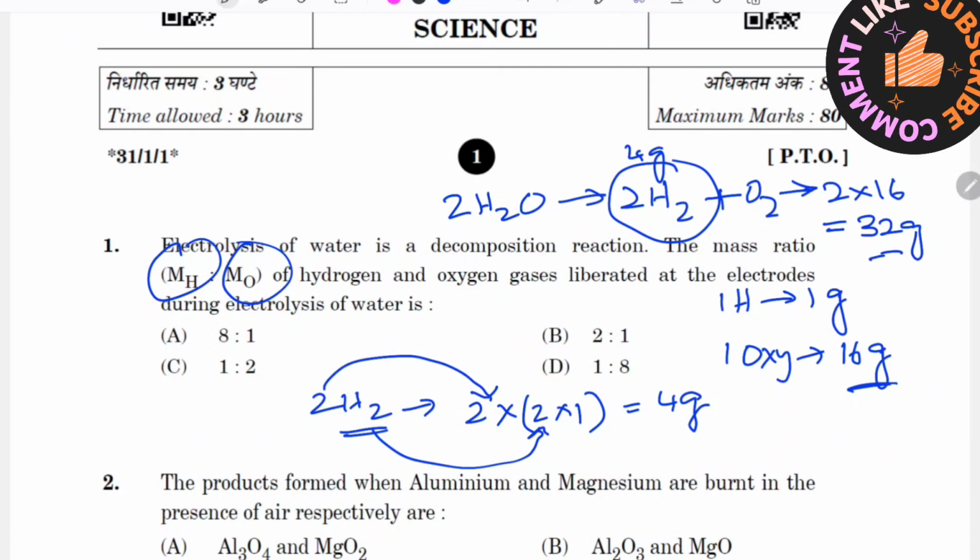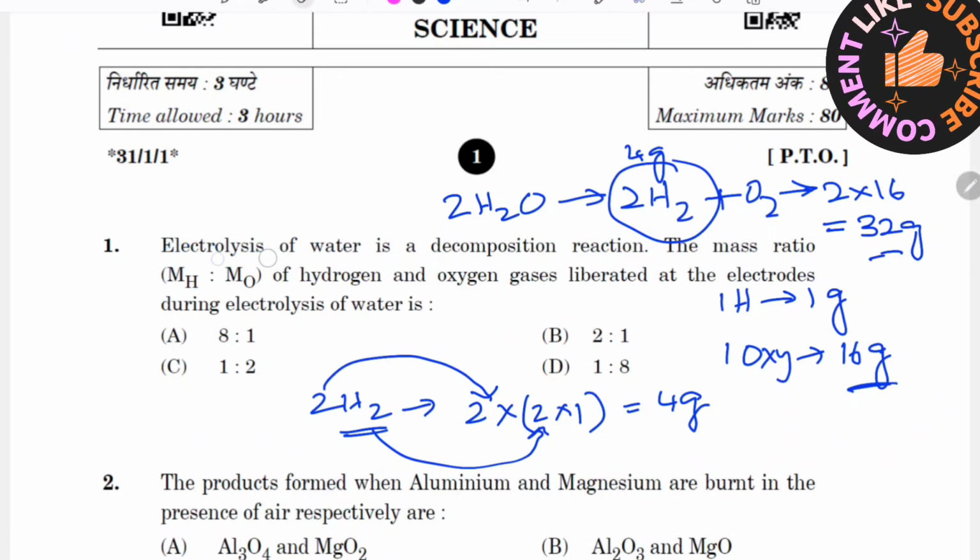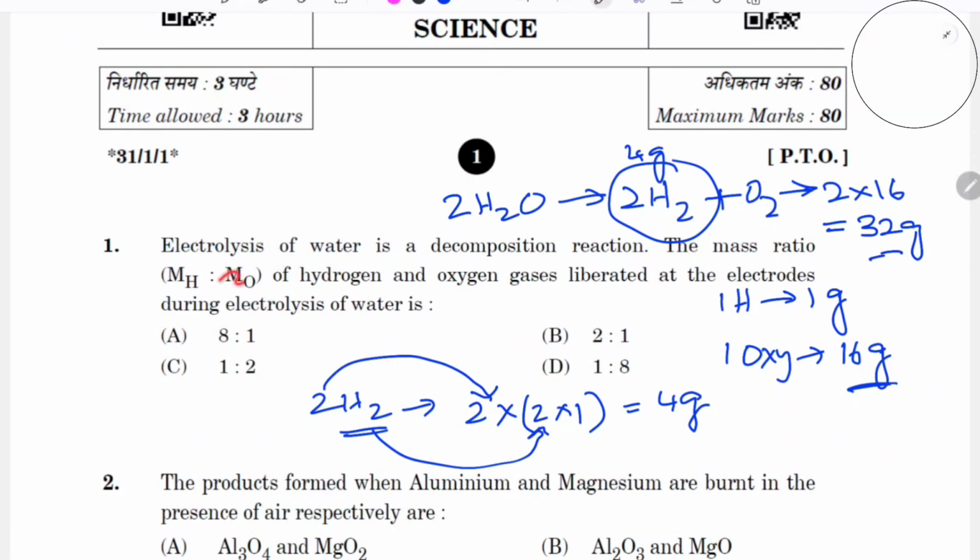So we need to find the ratio here. 4 is to 32.